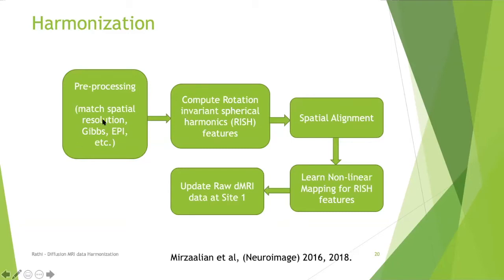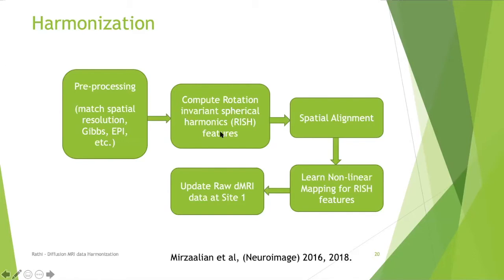You need to ensure that you do your eddy current correction, motion correction, Gibbs unringing, and EPI distortion correction. In certain cases, you might have differences in spatial resolution, and you might want to match them. Then we compute what are called the Riesz features, or rotation invariant spherical harmonic features. I'm going to go step by step in detail through each of these steps in the upcoming slides.